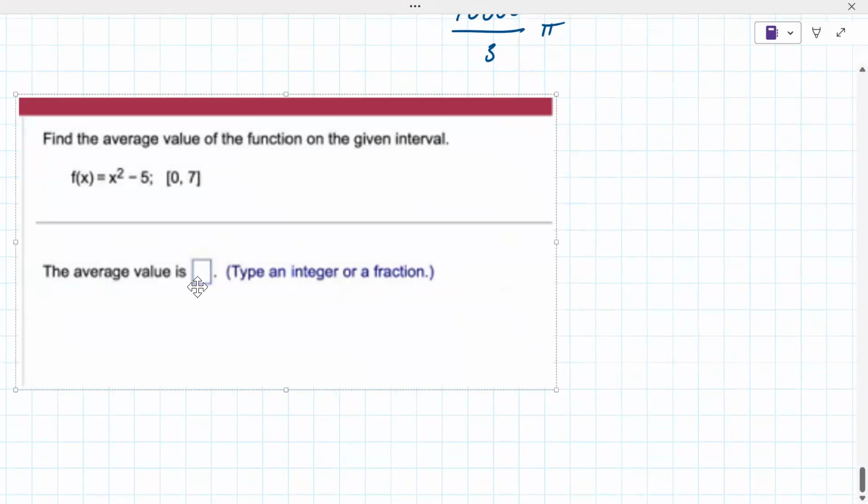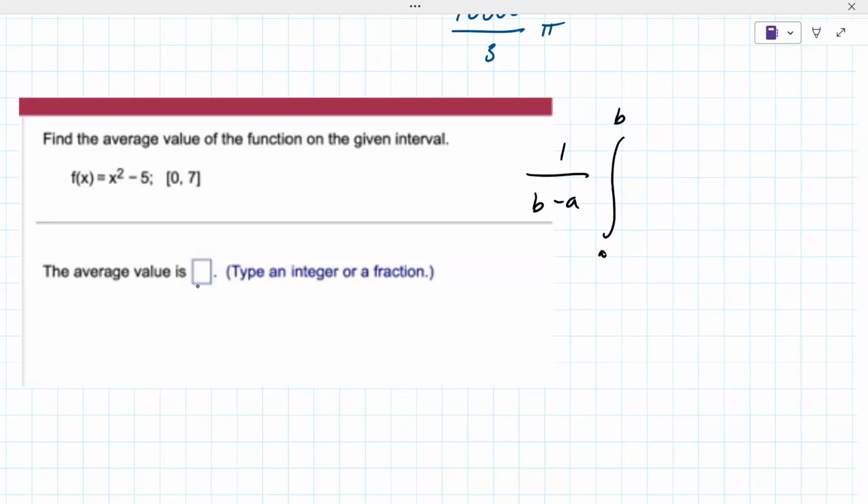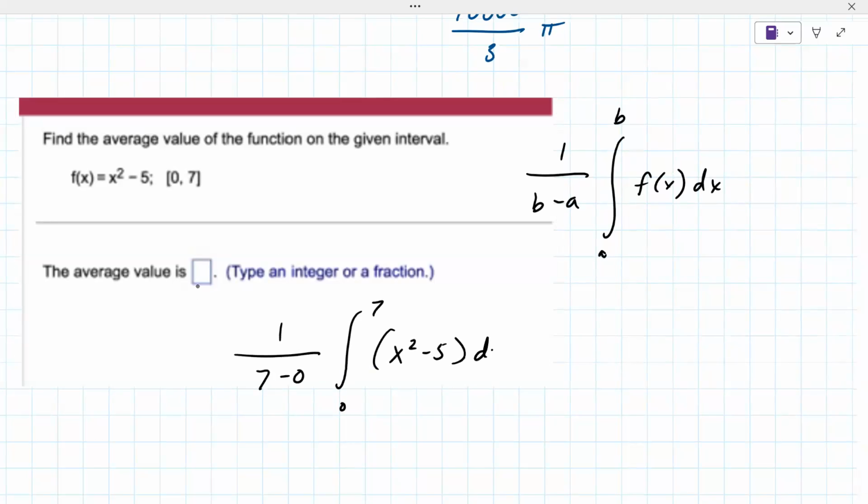Okay, so average value. This has a specific formula. It's from A to B, 1 over B minus A, integral of f of x dx. You're again going to use your calculator. So it's 1 over 7 minus 0, integral 0 to 7, x squared minus 5 dx. So this goes right into the calculator.